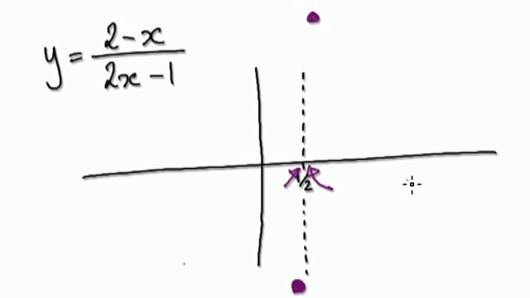Now we need to investigate what happens when x gets very, very positive big, and what happens when x gets very, very negative big. Okay, so the trick that we would use is to visualize this as being one bubble and one bubble. Divide top and bottom by x.